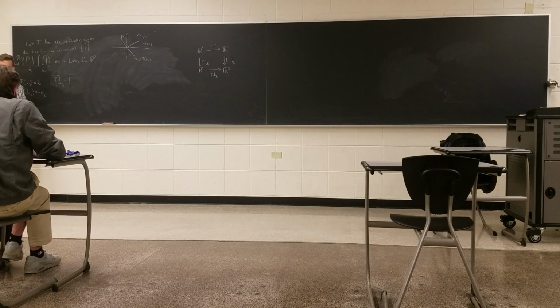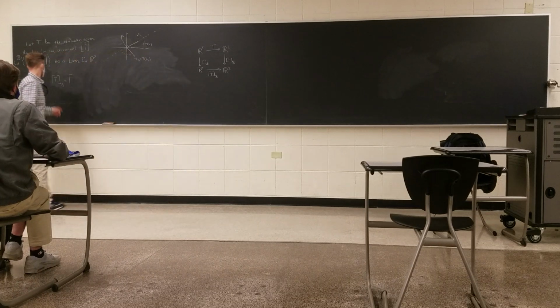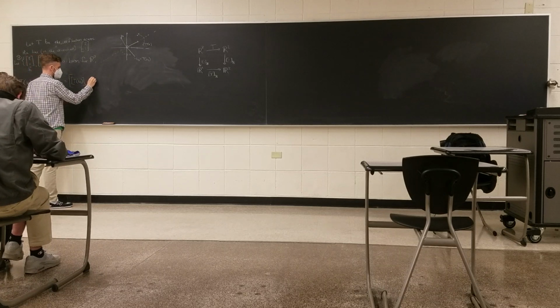We take the basis vectors in order, and each column of this is where it sends that basis vector. So the basis for this space is B1 and B2, so what does this do to B1? And what does this do to B2?